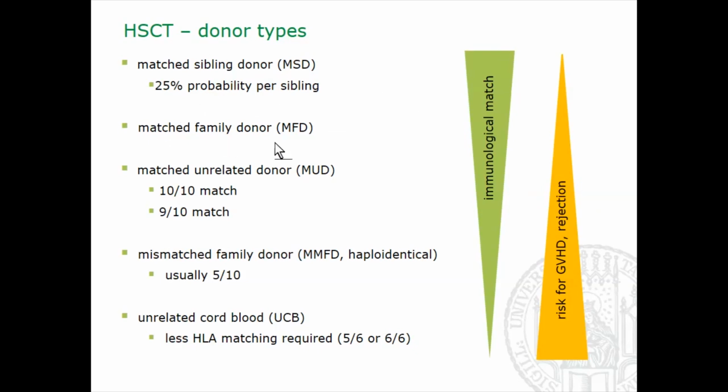The next one, which is much rarer, is the matched family donors. So in some families where maybe the 2 parents share a very common HLA type to some degree, it is possible that a child is also identical, for example, to his parent or to some other relative.